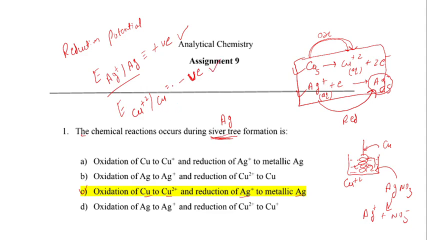Obviously, then, which reaction will occur? Suppose Cu2+ is converting to copper, giving some energy X, and Ag+ converting to silver gives you energy Y. So what will happen here?